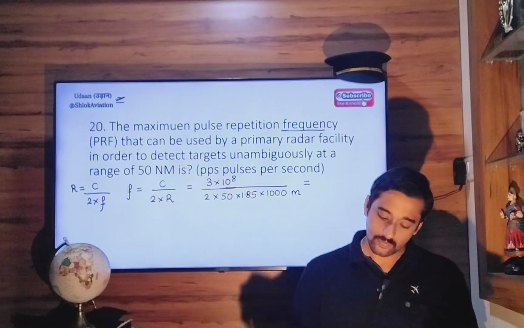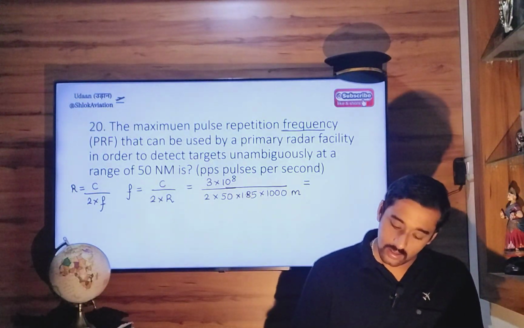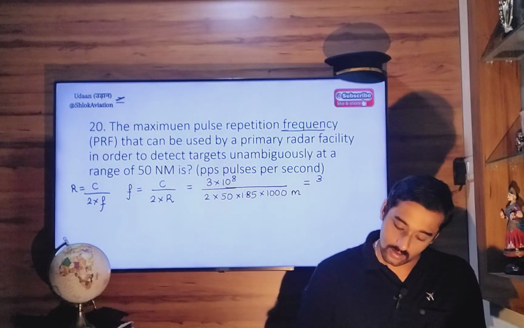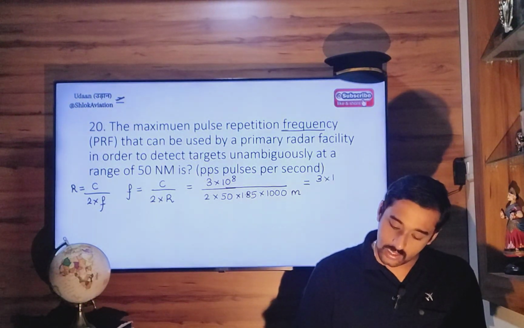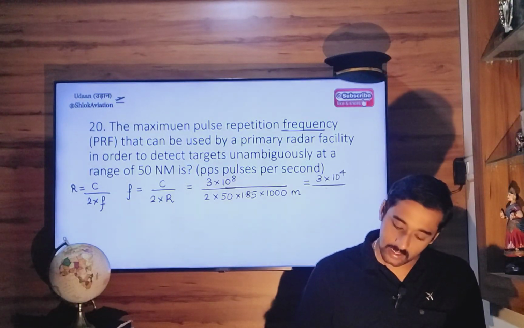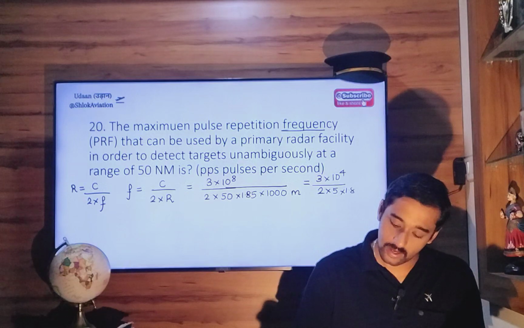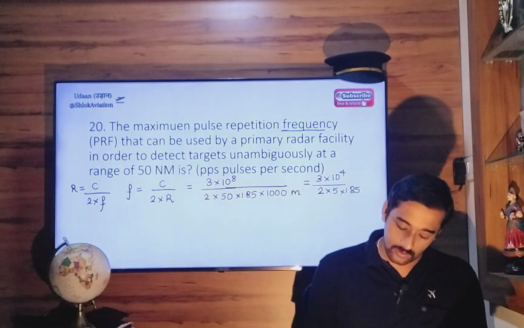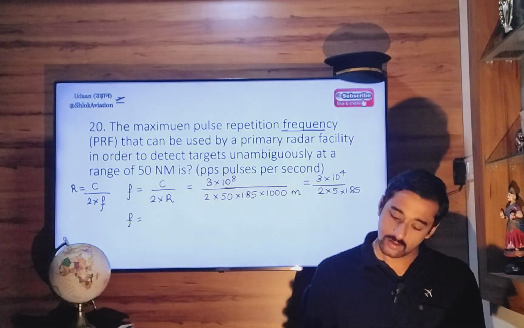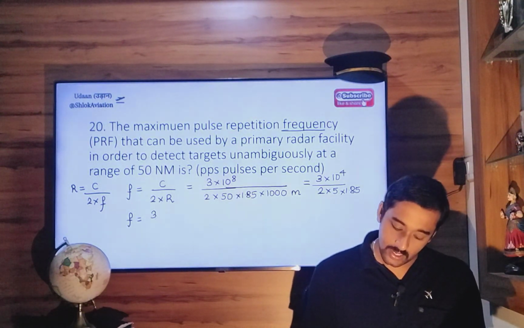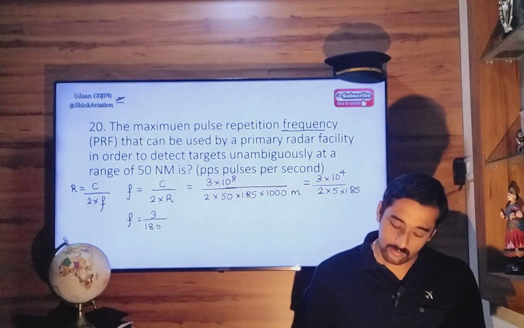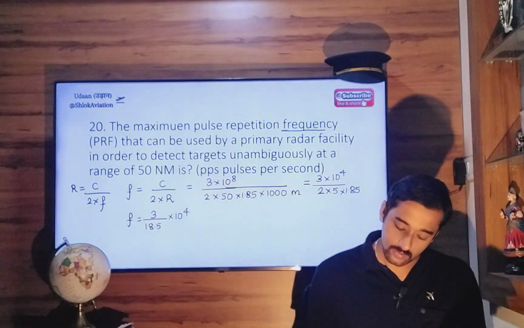Now the units in the numerator are equal to the units in the denominator. Both are at par with each other. So this will be 3 into 10 raised to 4 divided by 2 into 5 into 1.85. So frequency will be equal to 3 divided by 18.5 into 10 raised to 4.